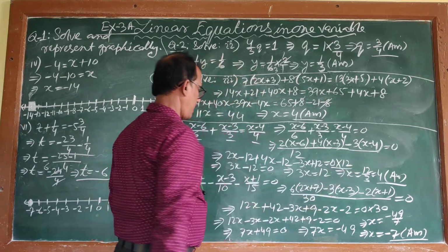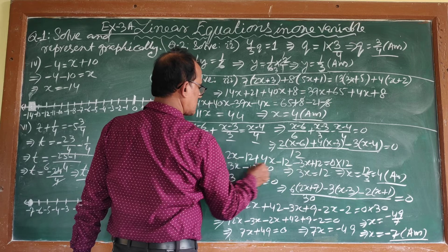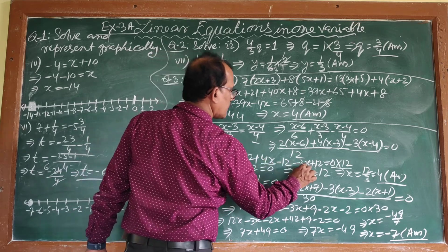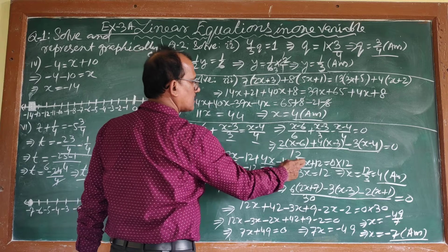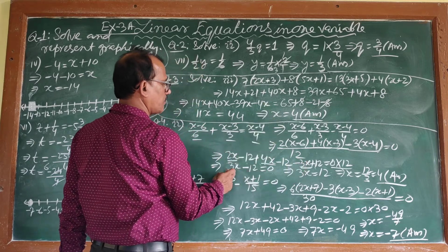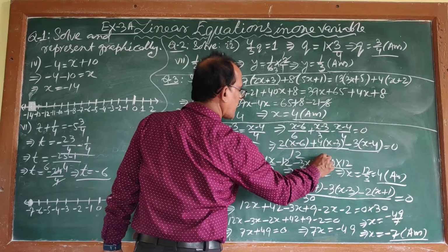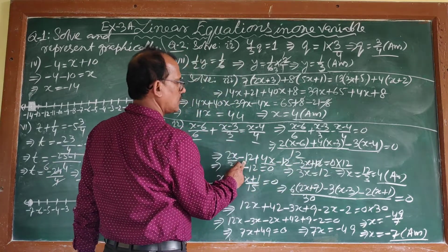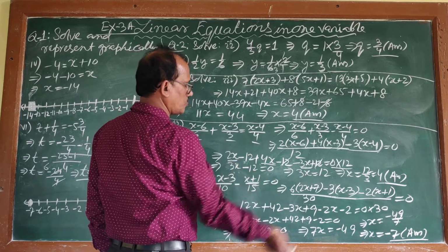If you solve this now, this x and this x, see, 4x plus 2x is 6x minus 3x is equal to 3x only. Now minus 12 plus 12, minus 12 cancel, minus 12 is only there.